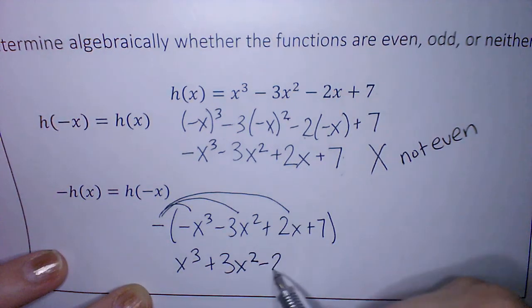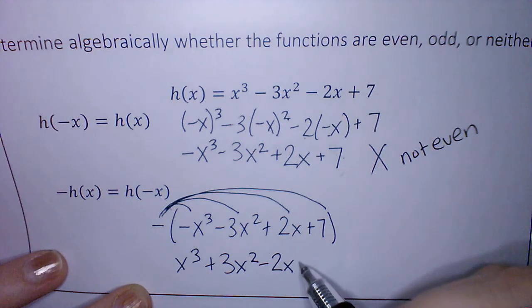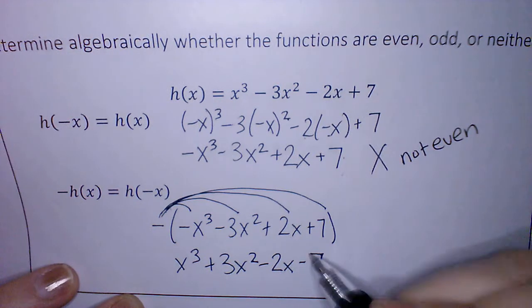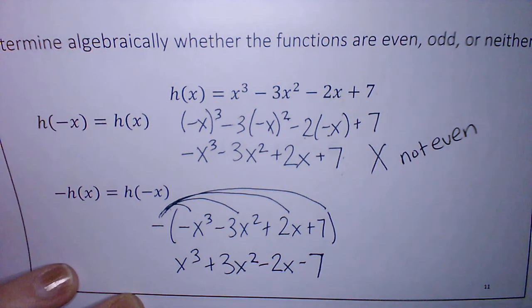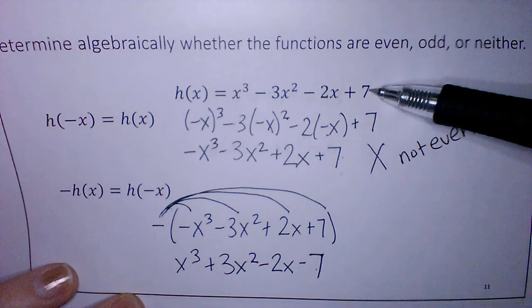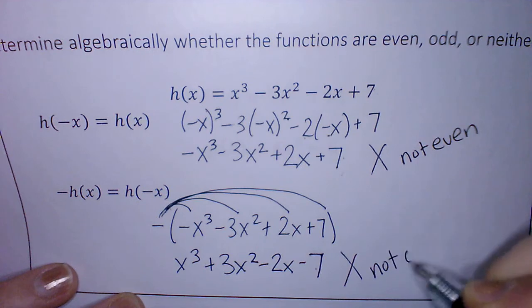We'll make that one a negative. And we'll make that one a negative as well. Oh, I lied. I'm sorry. This one did. We're asking, is this the same as this one up here? No, we've got a bunch of sign differences again, so this is not odd.